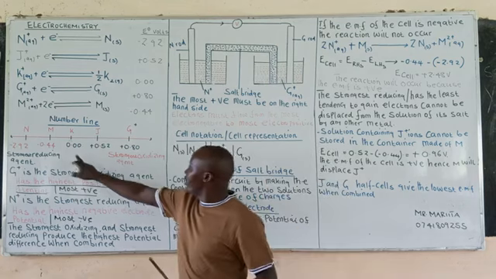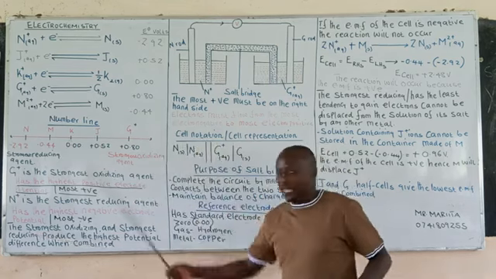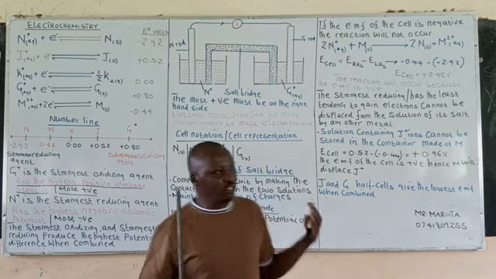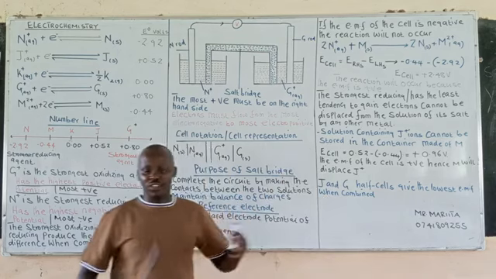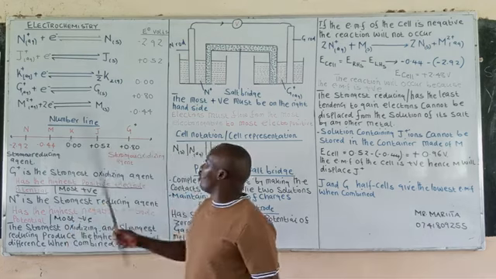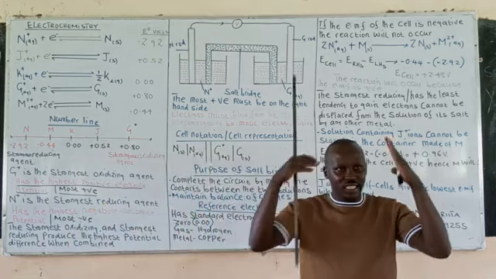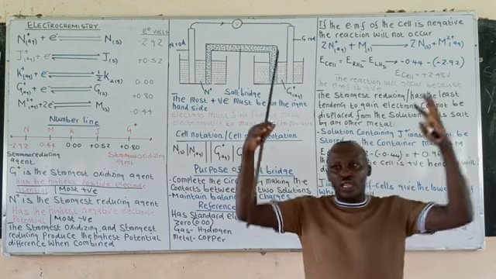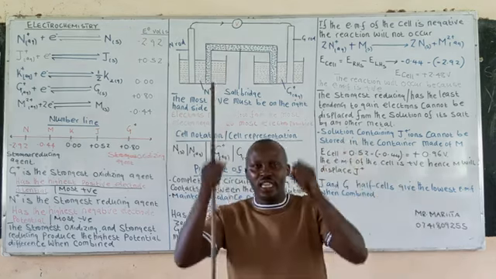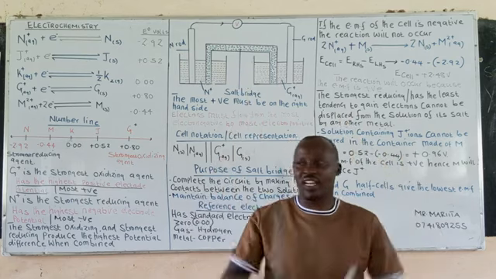Then I have indicated the elements that you can combine to give the highest EMF of the cell. For example, you can combine the strongest oxidizing agent and the strongest reducing agent. When the two are combined, they give the highest potential difference.